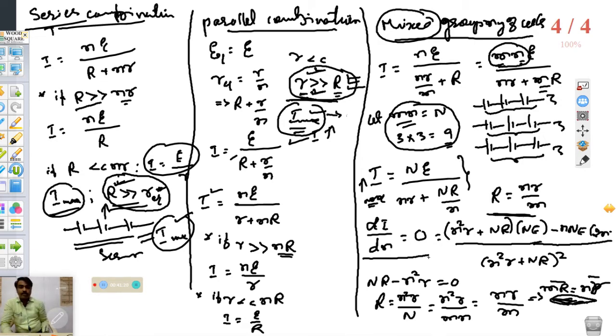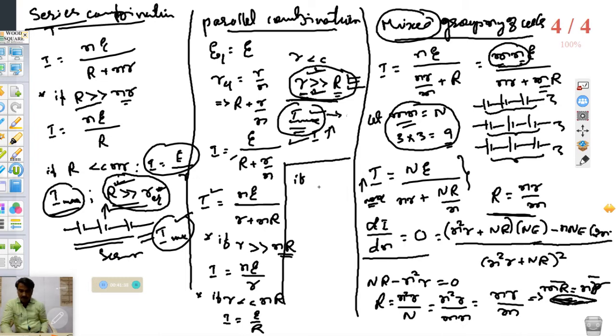Okay, in case the external resistance is equal to the net internal resistance, the current in the external resistance is maximum. I write that value here.